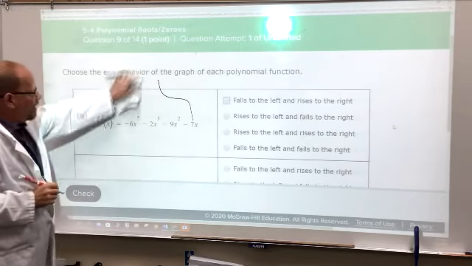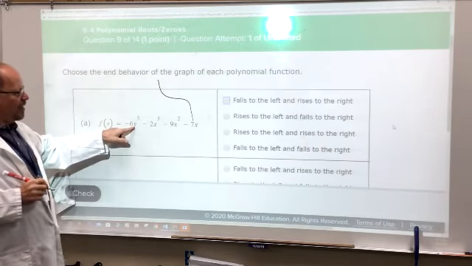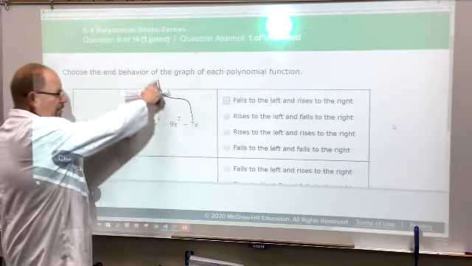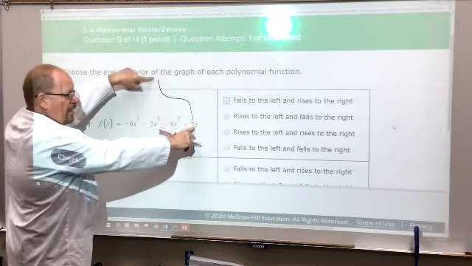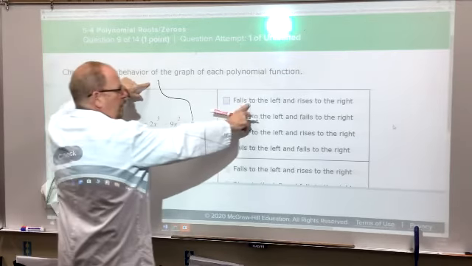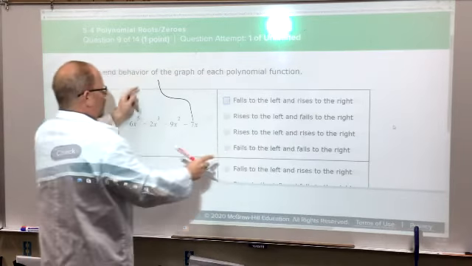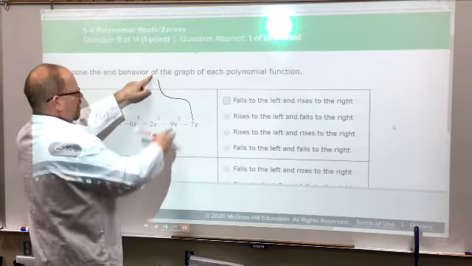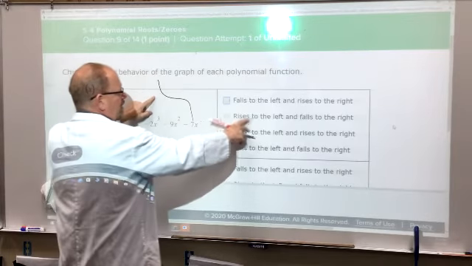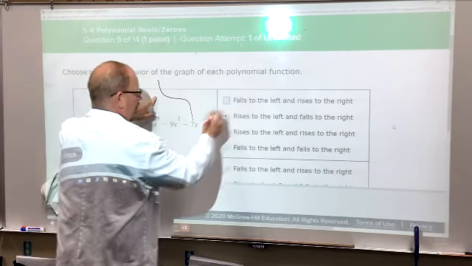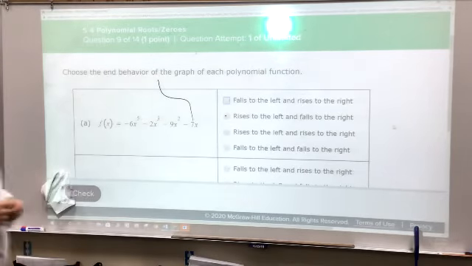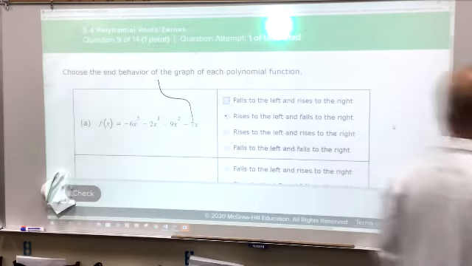So as x, and it's the fifth, so it's odd, so that's why these are the end behaviors. So falls to the left and rises to the right? Falls to the left, right, no. Rises to the left and falls to the right. Yes. Okay.